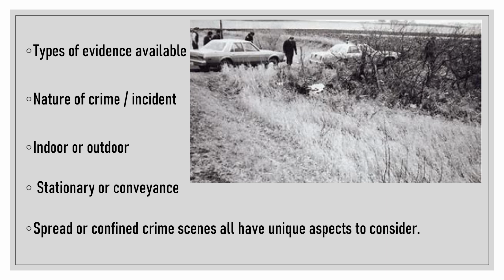The type of crime scene, like indoors or outdoors, stationary or conveyance, may differ in how you attend it. Also, spread or confined: the way we attend a crime scene that is spreading might be different from one that is confined.